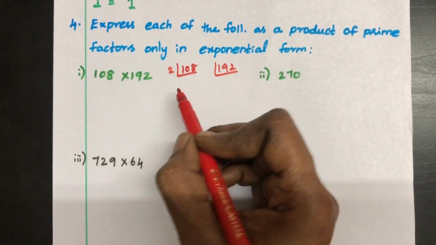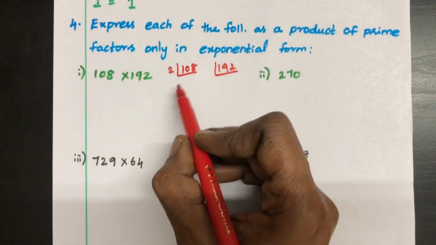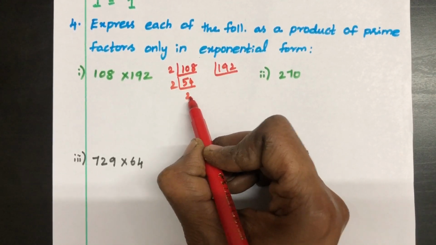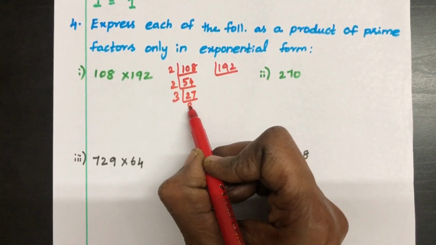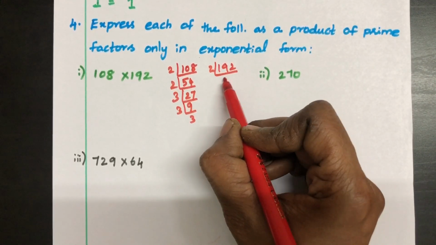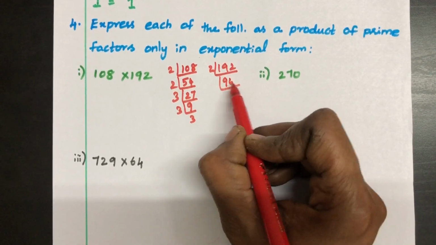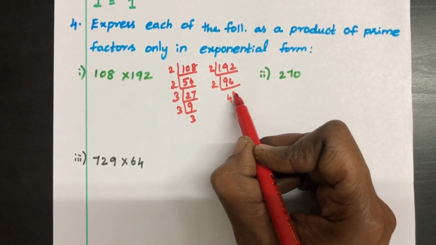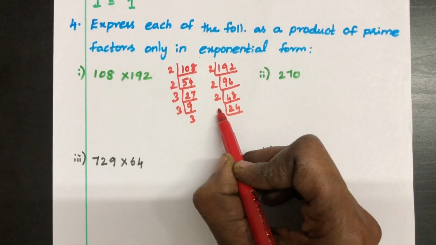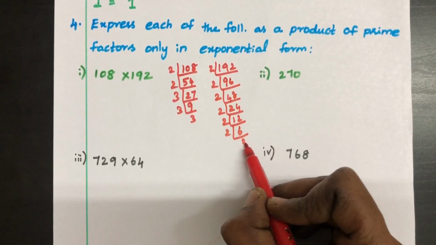Separately, we need to do prime factorization, and we can combine these two prime factorizations and give the exponential form. 3 can divide this, 9. 3 can divide this 3 times. 2 can divide this 2 times, 4 times. 12 times, 2 can divide this 6 times, 2 can divide this 3 times.